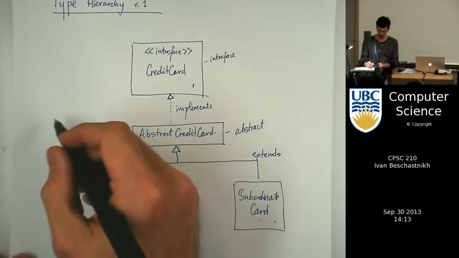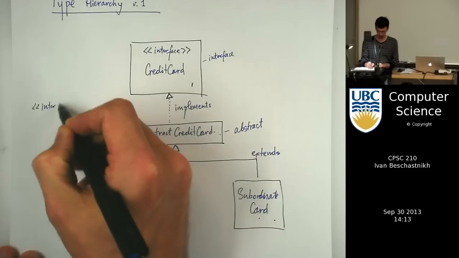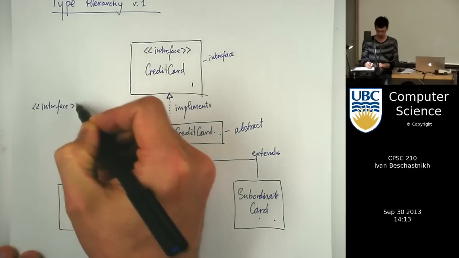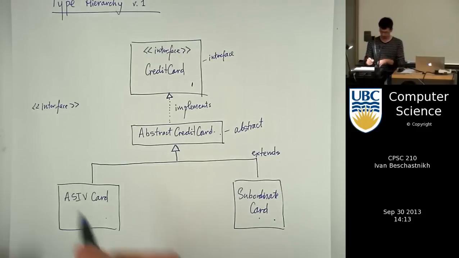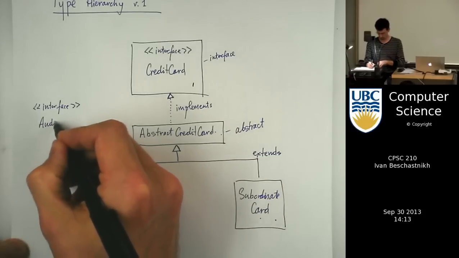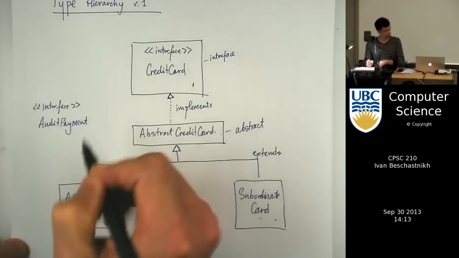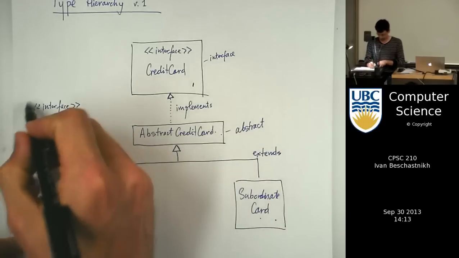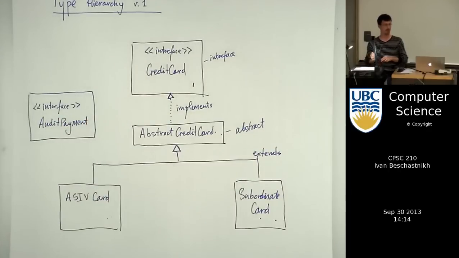I'll basically create a new interface. And this will give me a lot of flexibility. And I'll call this guy audit payment. So it's an interface, it's a new box, it's a new type.